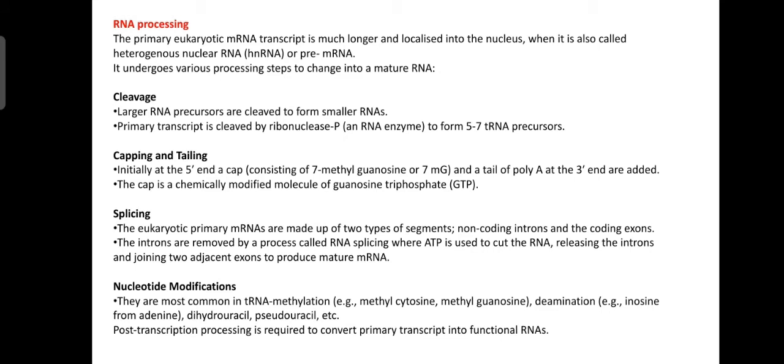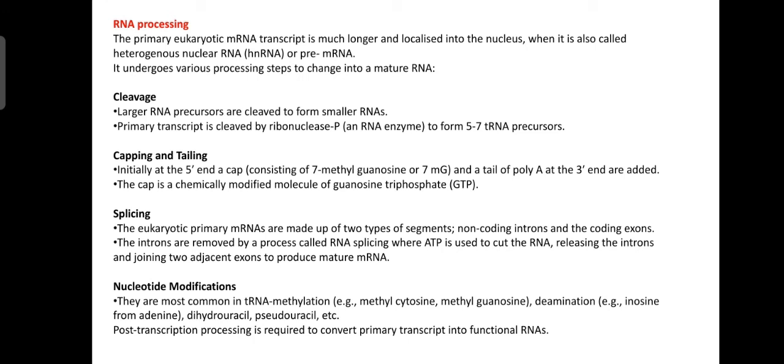Now after the termination, we have already learned about the initiation phase, elongation phase, and termination phase. In the first slide, in features of eukaryotes, we learned that the primary transcript or the pre-mRNA should be matured. To be matured, it needs to go through certain processing that is called RNA processing.